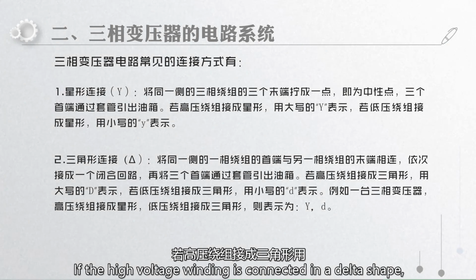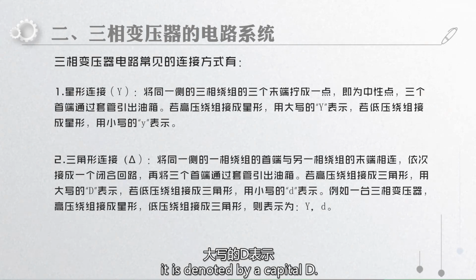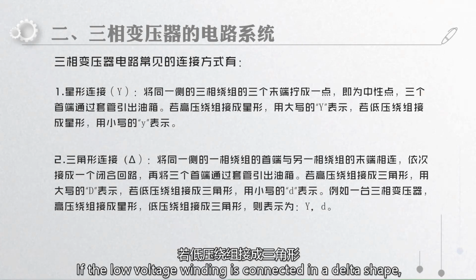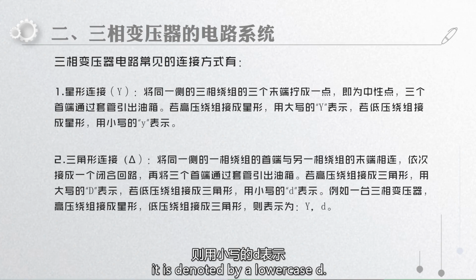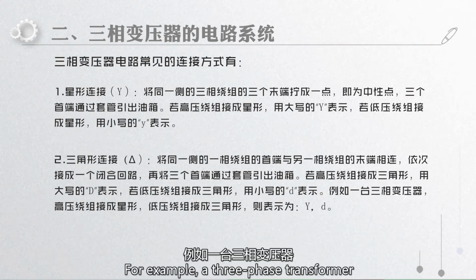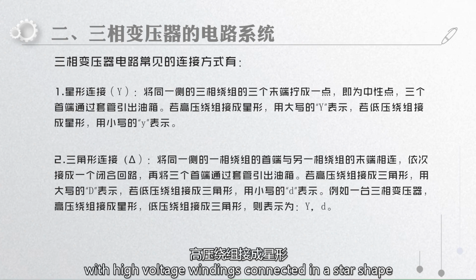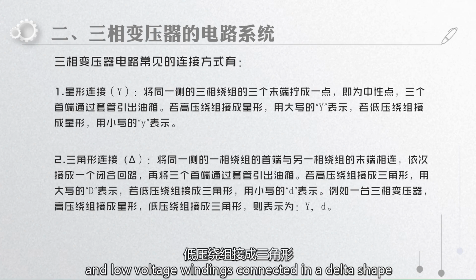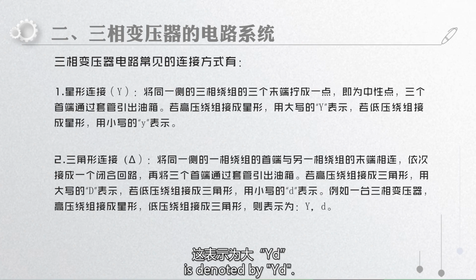If the high voltage winding is connected in a delta shape, it is denoted by a capital D. If the low voltage winding is connected in a delta shape, it is denoted by a lowercase d. For example, a three-phase transformer with high voltage windings connected in a star shape and low voltage windings connected in a delta shape is denoted by YD.